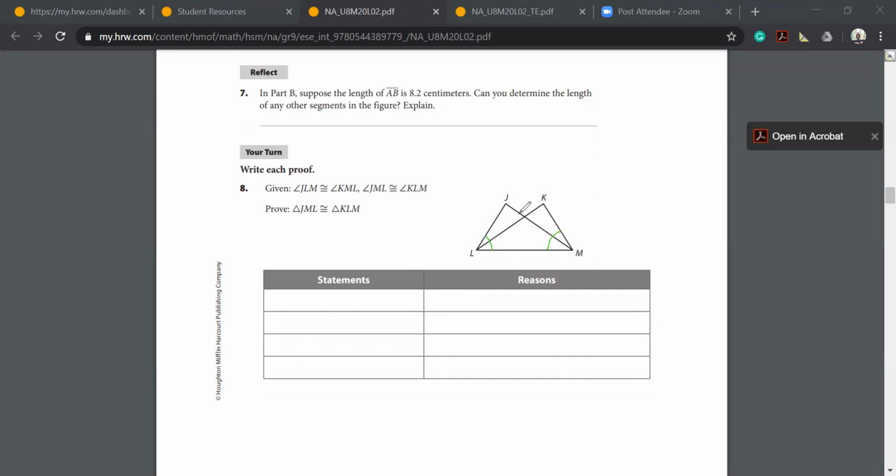And that angle JML, where is JML? JML, the small angle in here. So he is telling you that this angle is equal to KLM, this small angle in here.